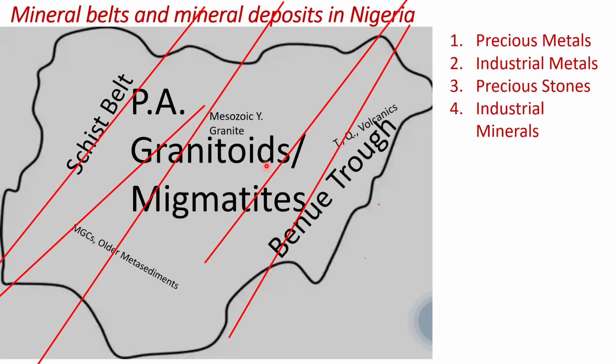Now, as sediments continue to accumulate, the oceanic crust is very thin and fragile, so it began to sink. As it sinks, it draws the already stabilized West African Craton and the Congo Craton closer, so you have a compressional event.